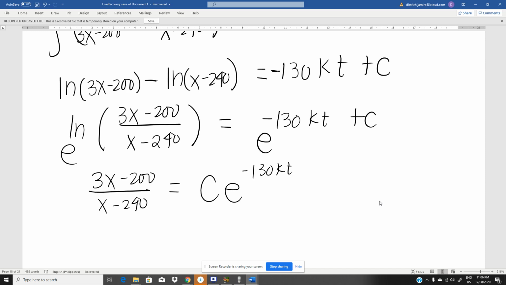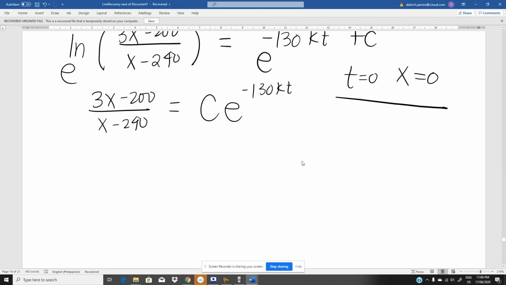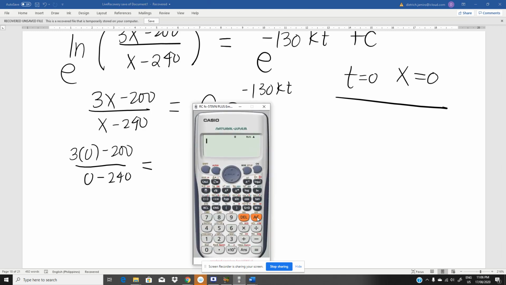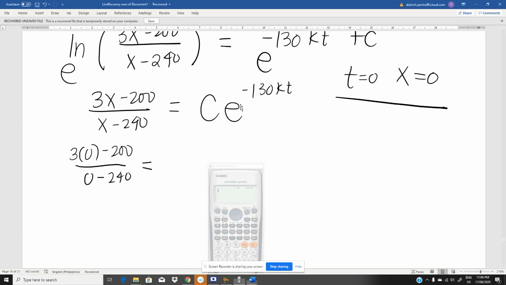At t equals 0, no product is formed. So substituting our initial condition first, we have 3 multiplied by 0 minus 200 all over 0 minus 240, which is equal to 5 over 6.